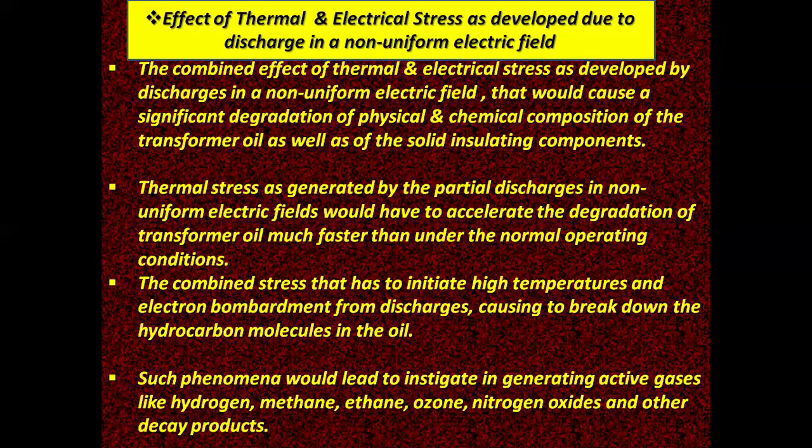Thermal stress generated by the partial discharges in non-uniform electric fields would accelerate the degradation of transformer oil much faster than under normal operating conditions. The combined stress initiates high temperatures and electron bombardment from discharges, causing the breakdown of the hydrocarbon molecules in the oil.